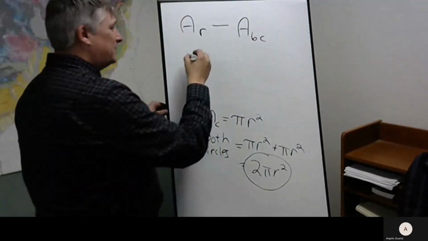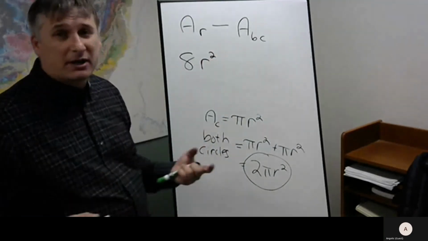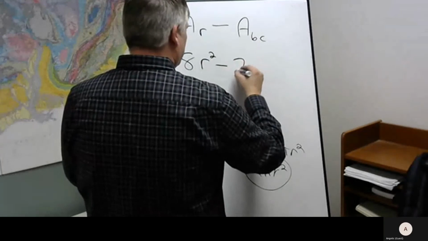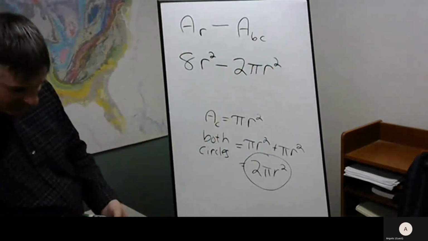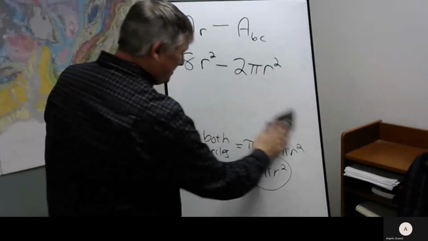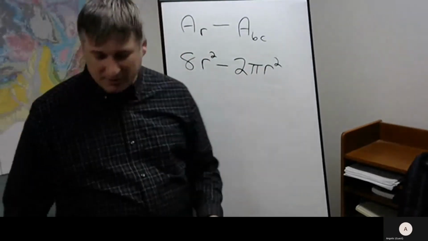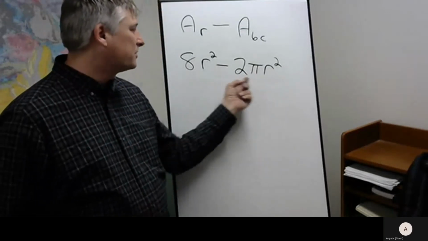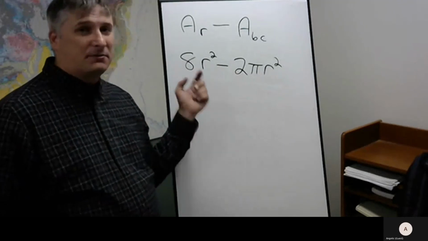So this is going to become 8r squared, that's what the area of the rectangle turned out to be, minus 2 pi r squared. And that's really the best we can do, because these are two different terms. And again, we're going to talk about how pi turns this into its own term, and we're not going to be able to combine it with this.